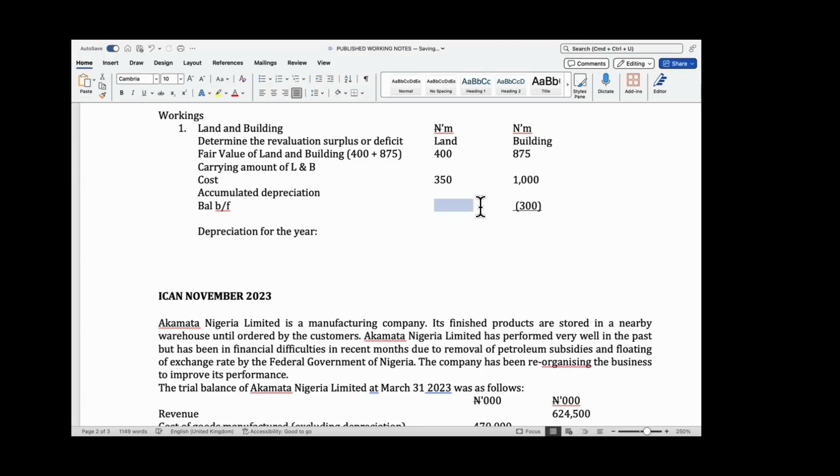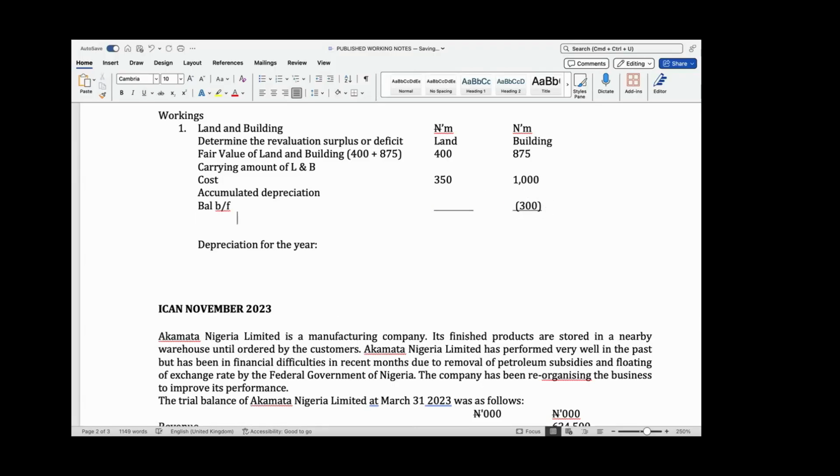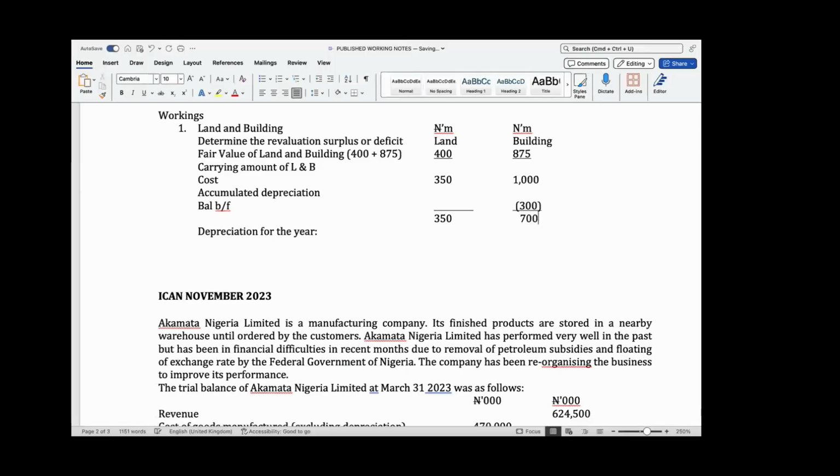So this is 750. No, let me. The carrying amount here is 350. Here is how much? 700. So my depreciation for the year is just 15% on the carrying amount of the building, which is 700.